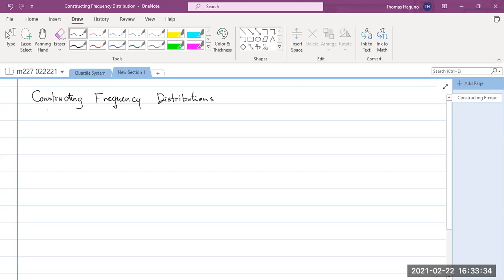So suppose we are given a raw data set, but it's a big raw data set. Then how do we construct a frequency distribution? Let's first look at some terminologies.